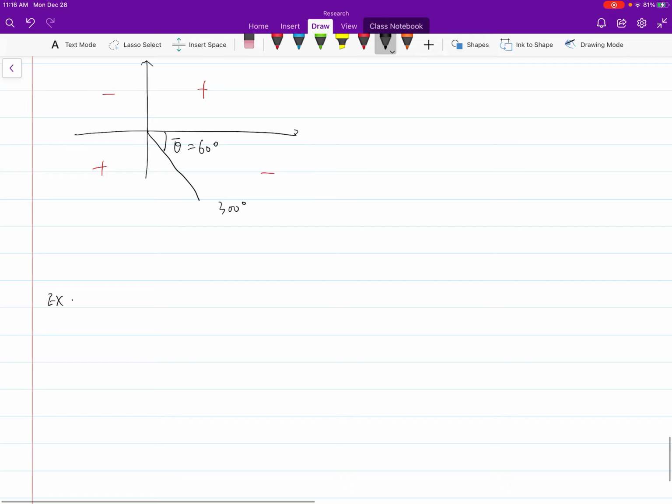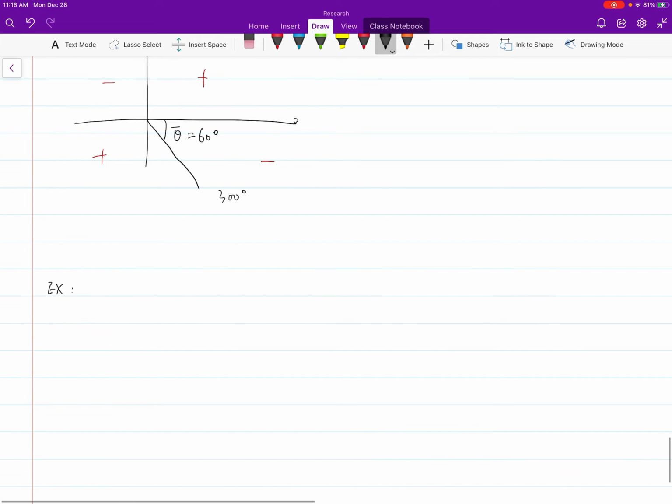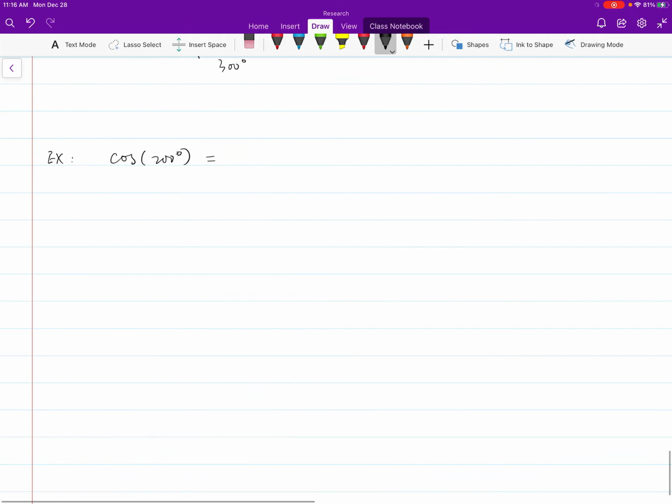All right, let's try some other examples. Example: cosine 200 degrees. If this is 180, you can know this is 20. So this is the same as cosine 20.